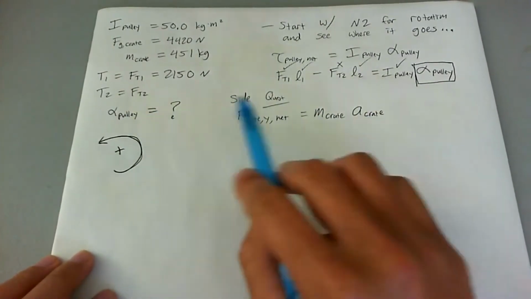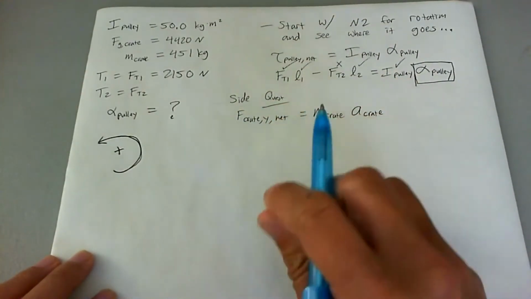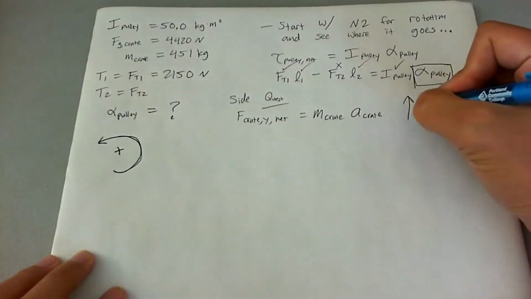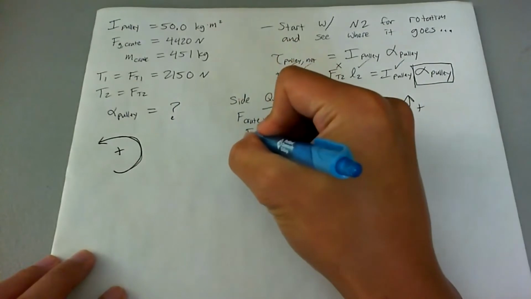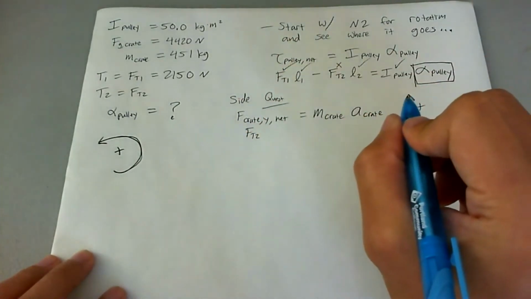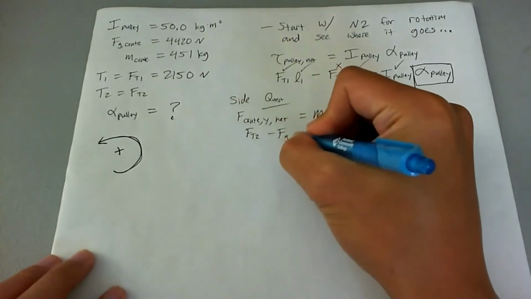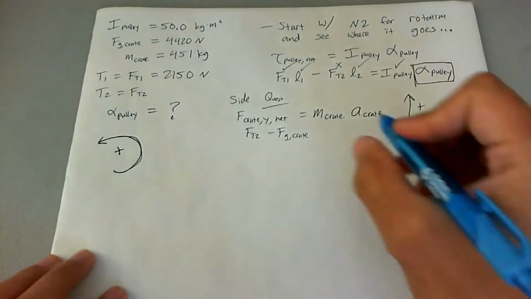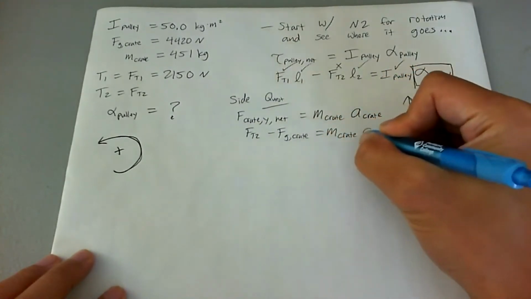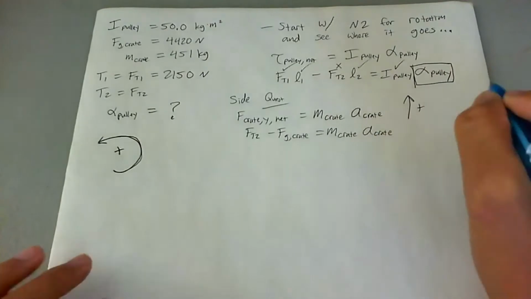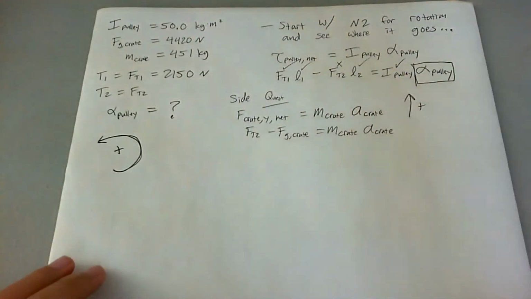So I'm feeling okay about this. Let's look at the forces acting on the crate. We're going to say up is positive, down is negative. So we have the force of tension 2, that's pulling up on the crate. We have the force of gravity, it's pulling down on the crate. And we have that equaling the mass of the crate times the acceleration of the crate. Cool, that's awesome.